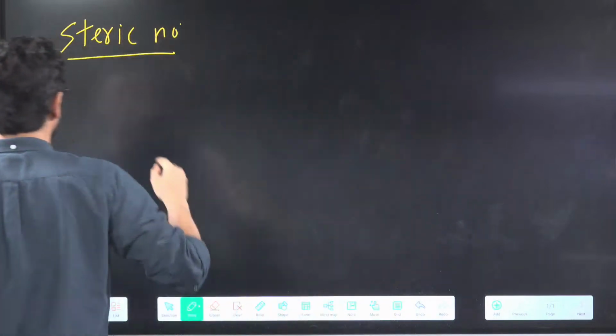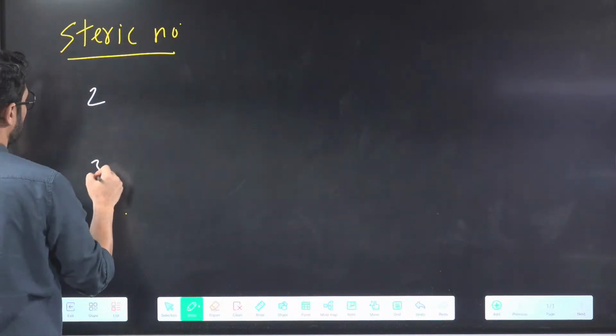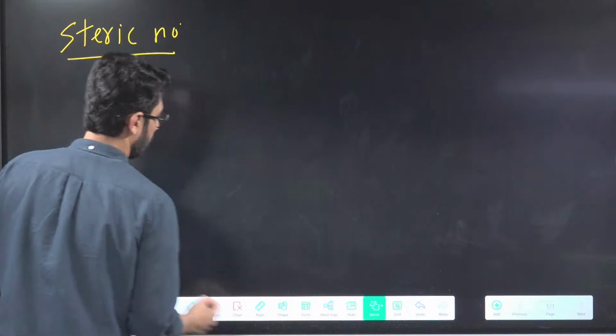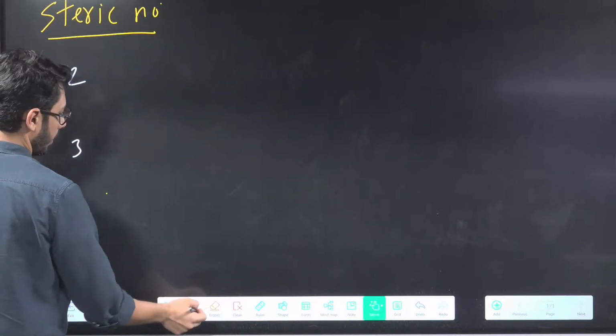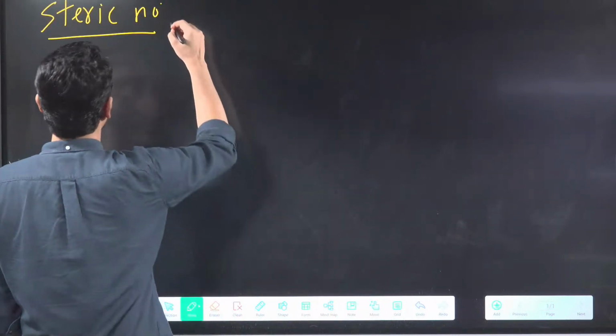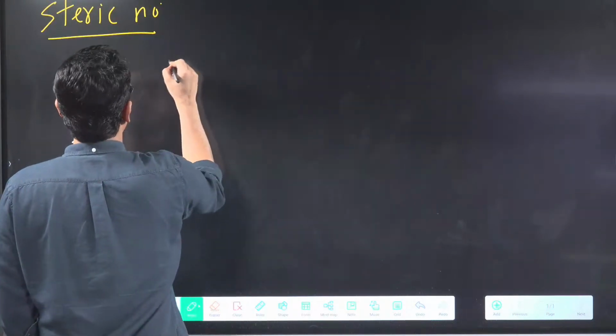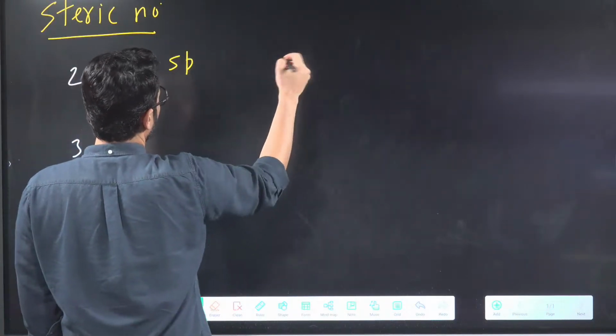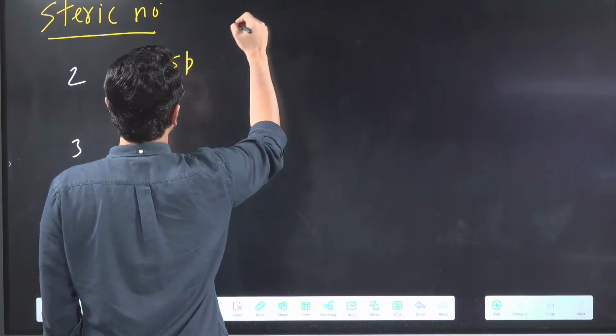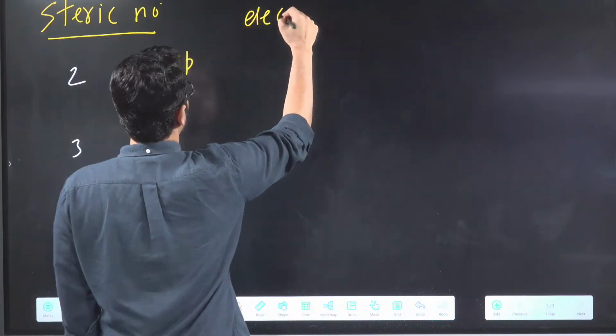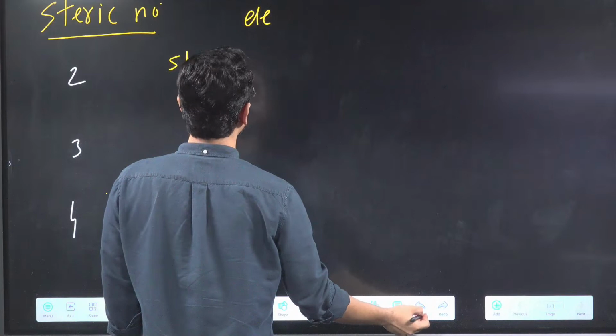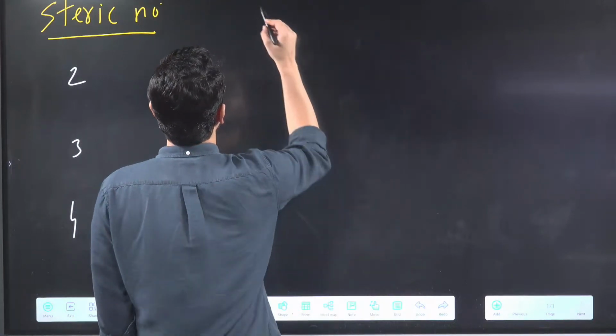In VSEPR, steric numbers are 2, 3, 4. For steric number 2, what hybridization have you written? sp. And what is the electronic geometry? Electronic geometry means complete, lone pairs plus sigma bonds.